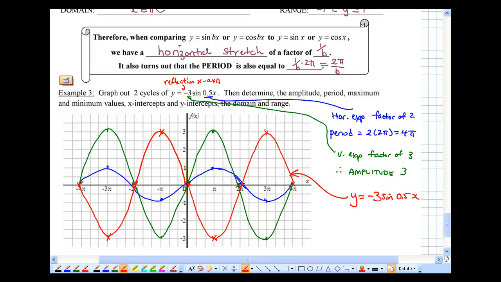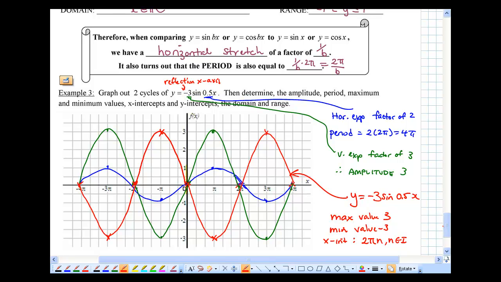I found the amplitude, I found the period. The max value, of course, is 3. The min value is negative 3. Your x-intercepts seem to occur at 0, 2 pi, 4 pi, or if I write a formula, it's 2 pi n, where n is an integer, every multiple of 2 pi.